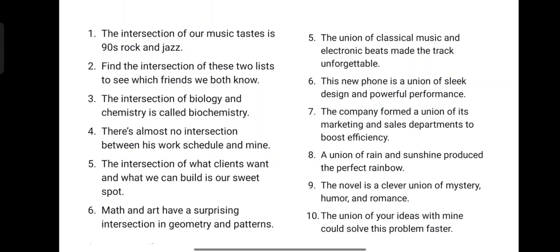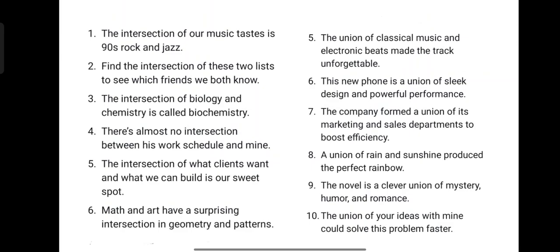And the intersection of biology and chemistry is biochemistry. Biochemistry consists of both biology and chemistry. So biology intersection chemistry equals biochemistry. Or biochemistry intersection biology gives biology, because biology has biology and biochemistry has biology.